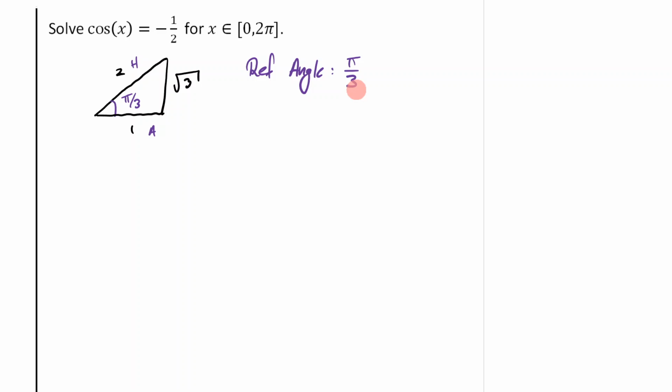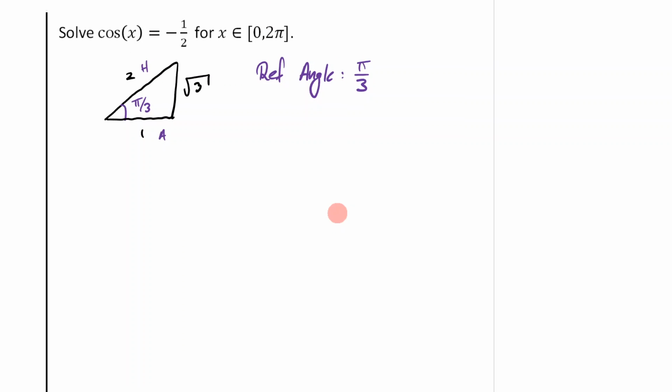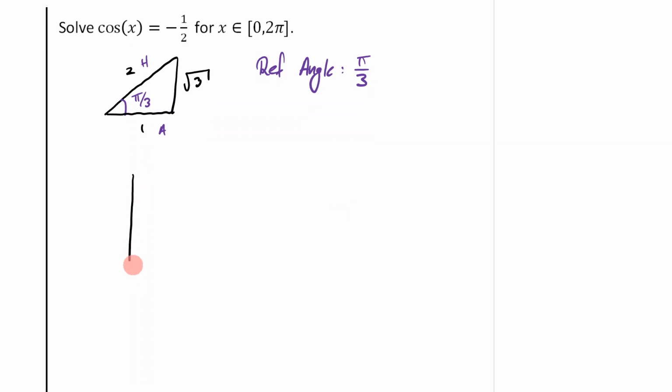Now, that isn't necessarily one of my answers. What we now need to do is consider where this exists in my unit circle. So some of us will be able to do this in our head. Some of us may benefit from just doing a little sketch for ourselves. If I just draw a little unit circle here for myself, and then say, all right, I'm dealing with cos. Cos is my x, and negative a half, that is over here.